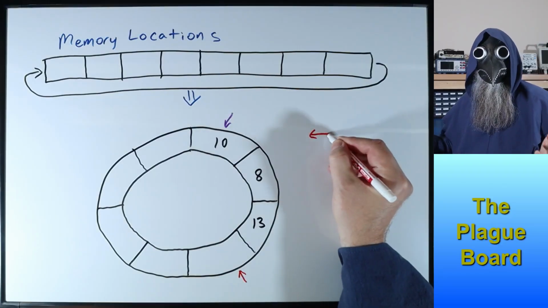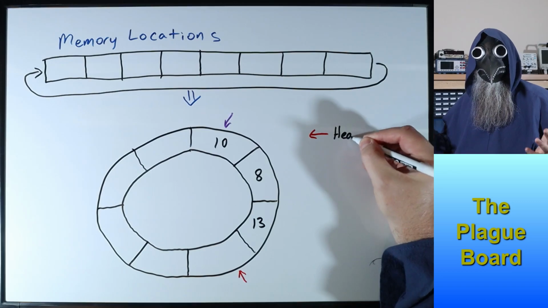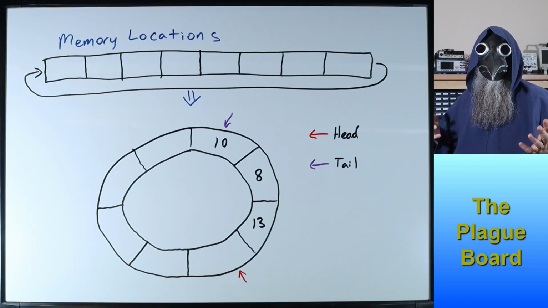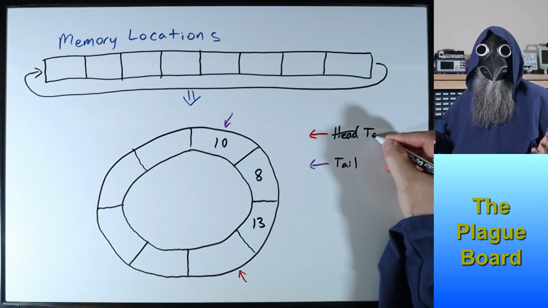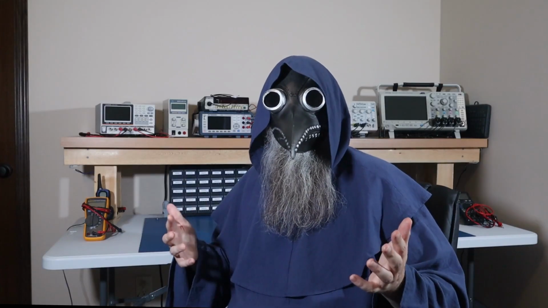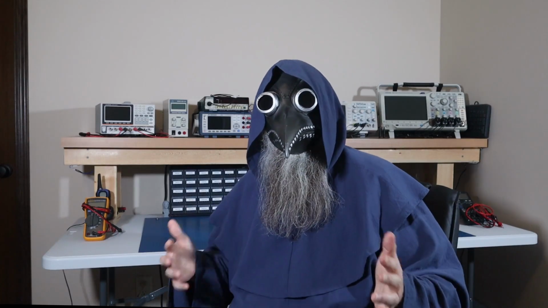The way I implement a circular buffer is that I add data to the head and remove data from the tail. Most people probably do it opposite from this, meaning that they add data to the tail and remove data from the head. But to me, this makes no sense, because if you think about an animal, for instance, food goes into their mouth, which is usually on their head, and it comes back out their tail end.